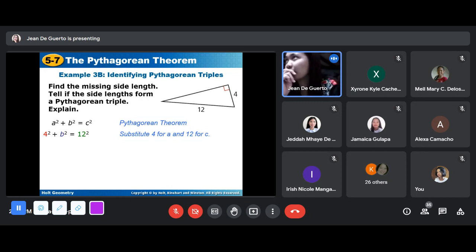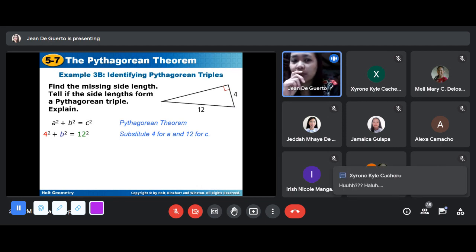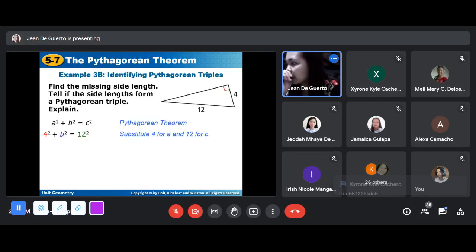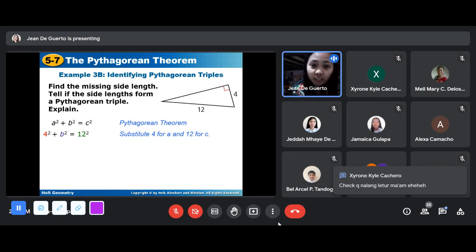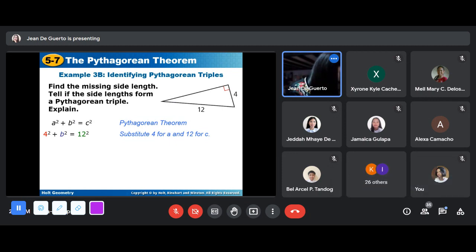Hindi ko pa na-record yung quiz number 4. Meron ding isa yata si Bell. Sino pa yun? Ma'am, kahapon sinagutan ko po yung quiz number 4. Oh, may yung number 3. Nasagutan mo na?